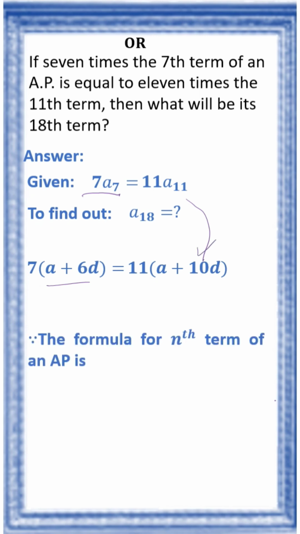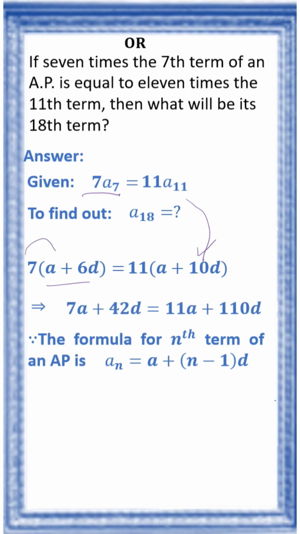Now, the formula for the nth term of an AP, wherever it is required, you have to write the formula. Very important step. Now multiply. What do you get? 7a plus 7 sixes are 42d. Here also 11a plus 110d. Then simplify.